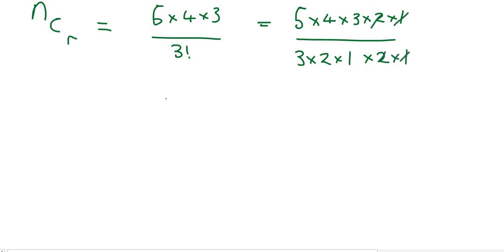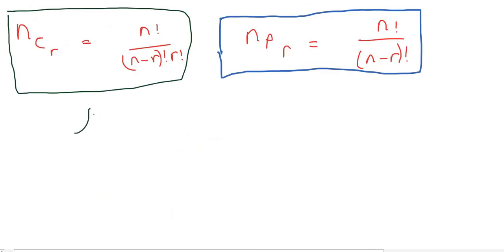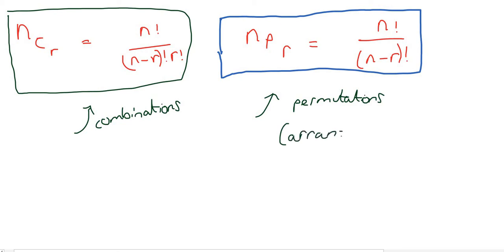So in our formula, this would be 5 factorial divided by 5 minus 3 factorial and 3 factorial. Which means our general formula for combinations is n factorial over n minus r factorial times r factorial. So these are now our 2 formulas. This is for combinations, and this one is for permutations. When you see these questions, this would normally be arrangements, and this would be selections.